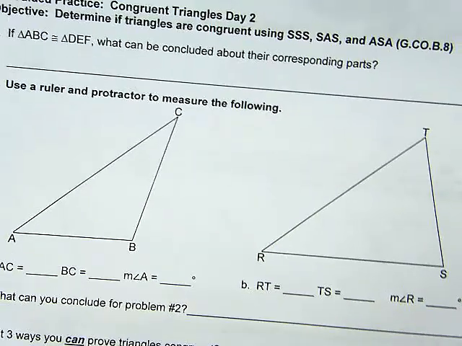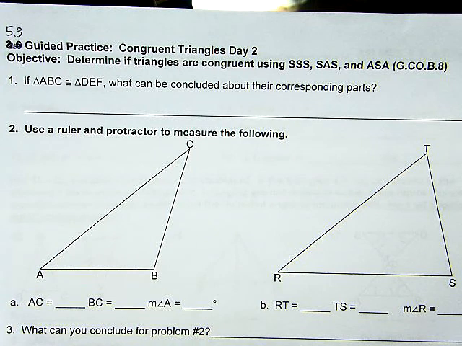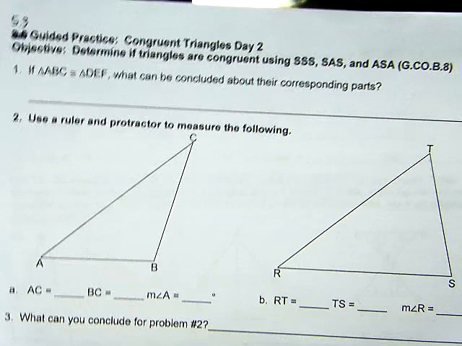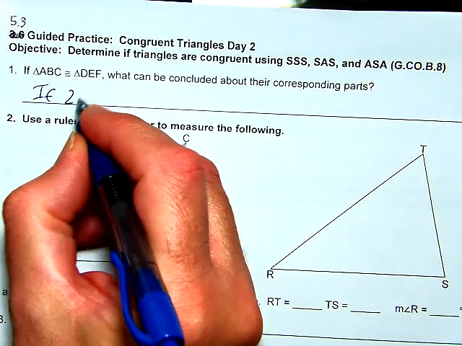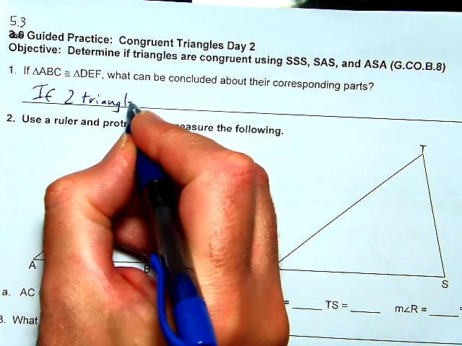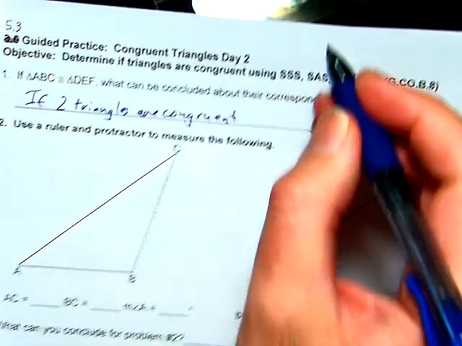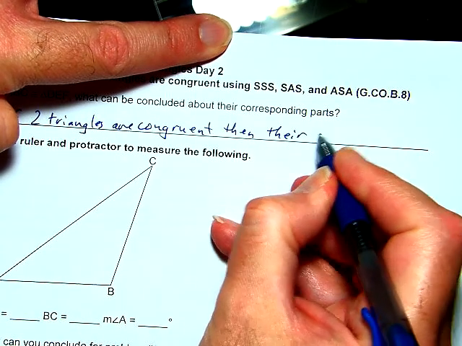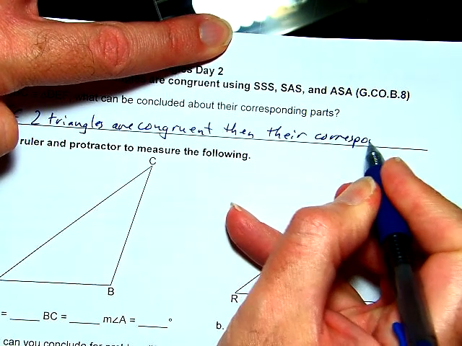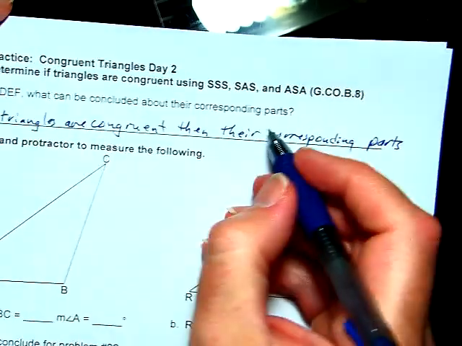Before we go on to that, let's answer this first question here. If triangle ABC is congruent to triangle DEF, what can be concluded about their corresponding parts? And what we conclude is that if two triangles are congruent, then their corresponding parts are congruent.